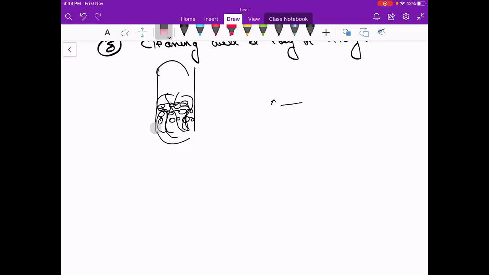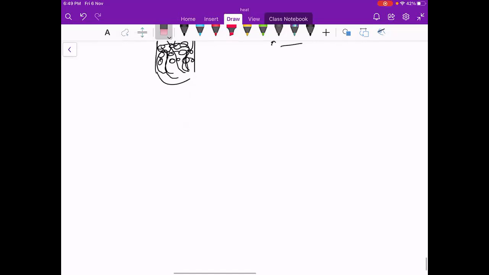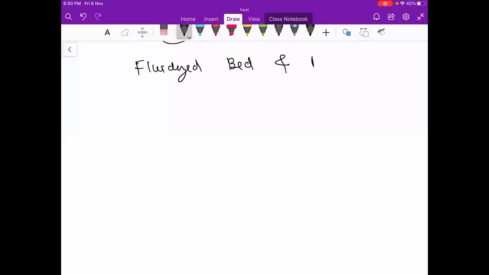Then I will give you the difference between the fluidized bed and packed bed. Okay, suppose you have a fluidized bed and a packed bed.